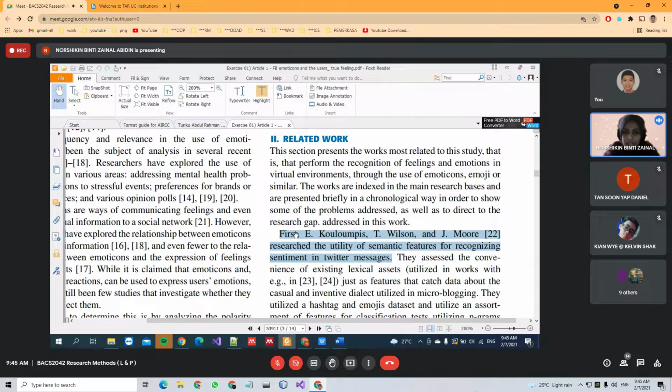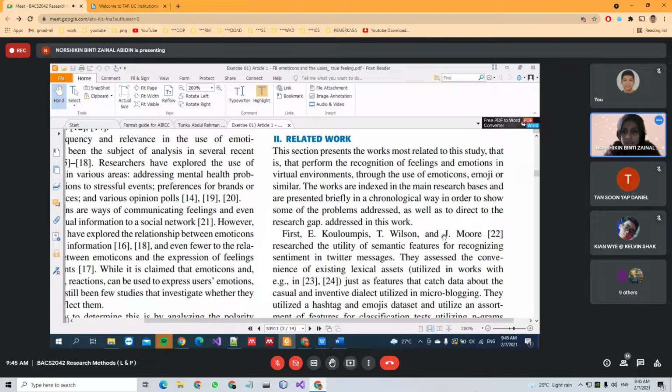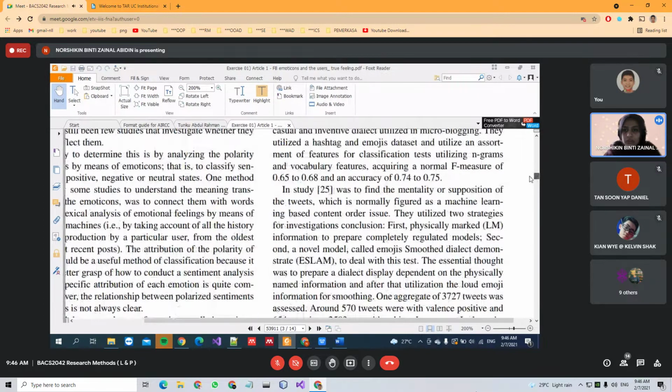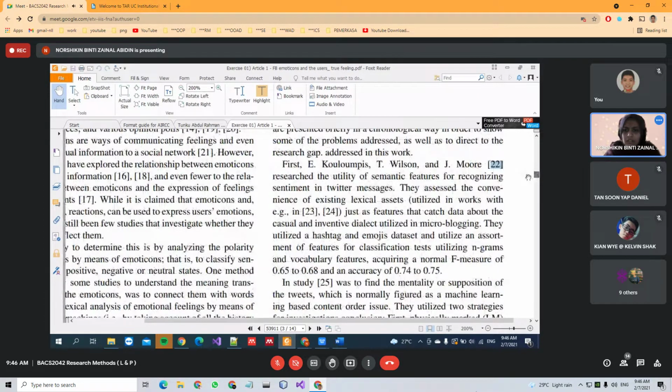So he cites it like this. This is another way to cite a statement of other research. This research, I mean this FB emoticon paper, concludes what he already read from another paper. So you need to see in the reference list, section number 22. That's the paper that they conclude here. So that's how you write LR.